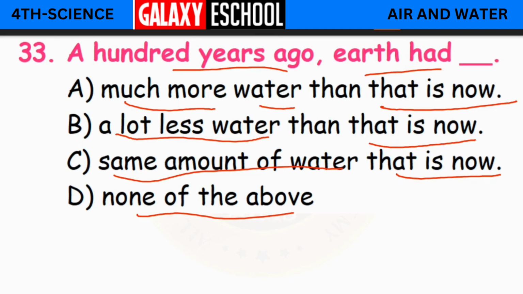The answer is option C, the same amount of water that it has now. Even now we have the same amount of water as 100 years ago.